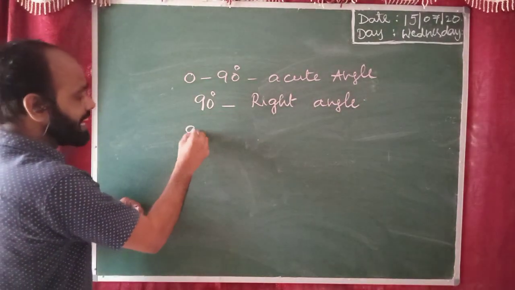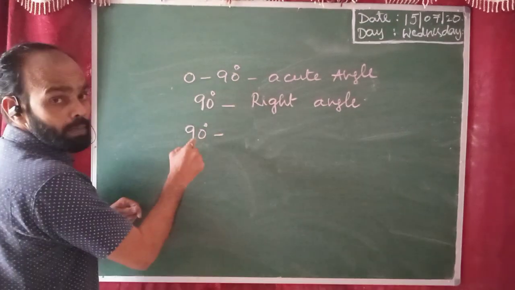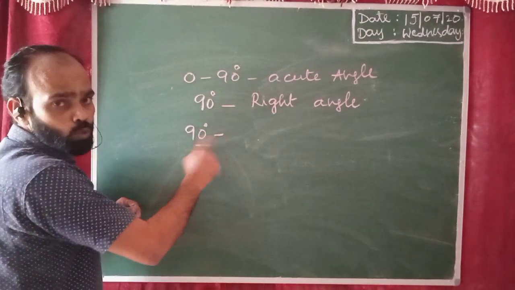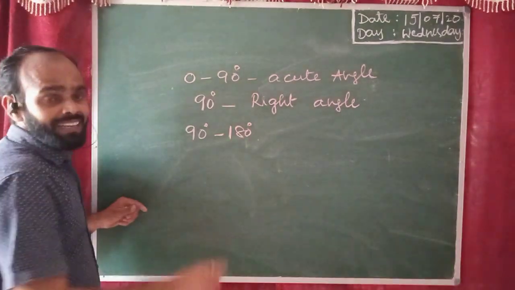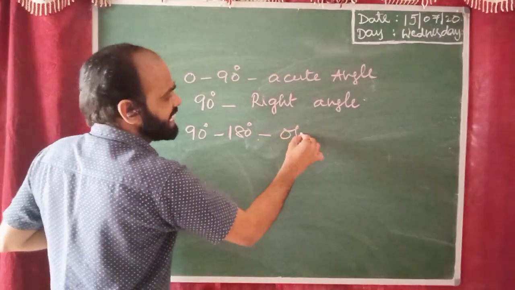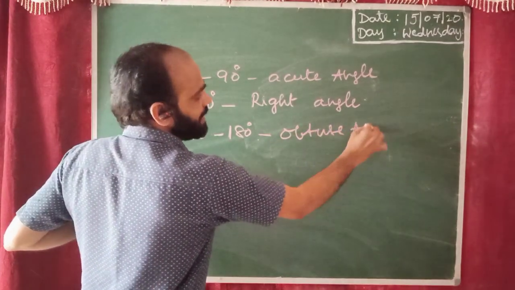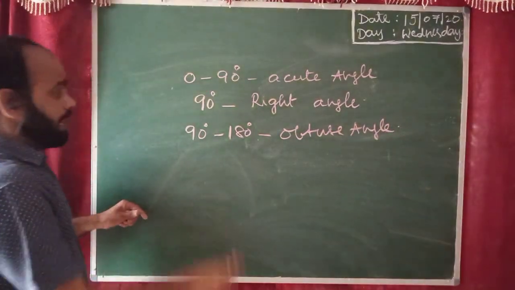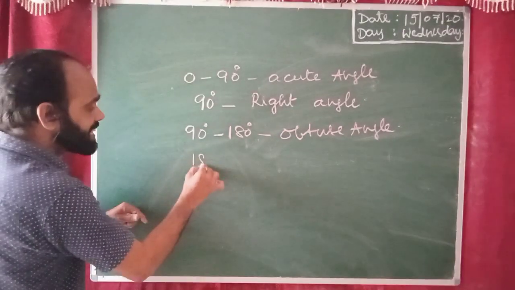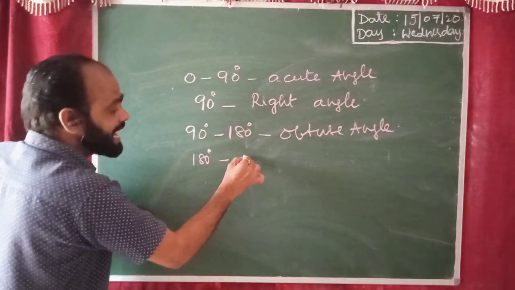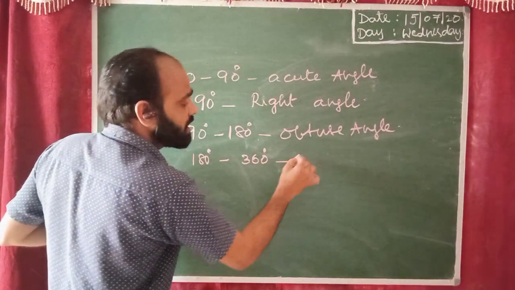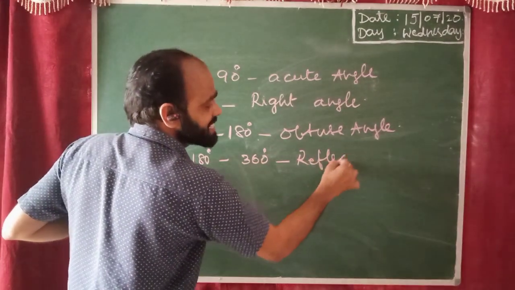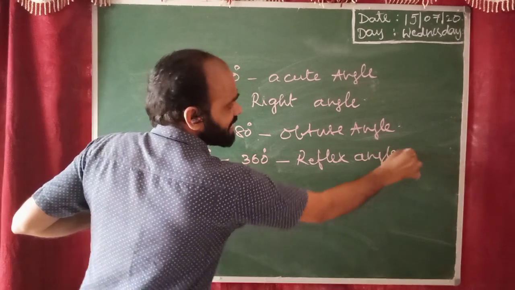And if the angle is between 90 degree and 180 degree, not including these two, 90 is not included, 180 is not included, we call it an obtuse angle. I guess I am clear. If the angle is greater than 180 degree and less than 360, between 180 and 360, we call it a reflex angle.